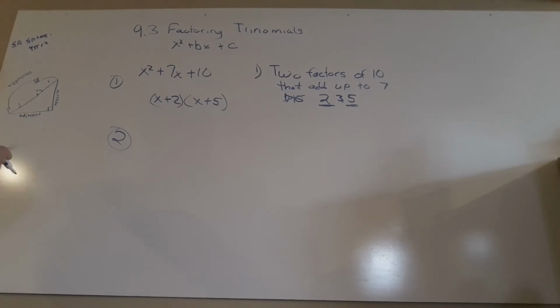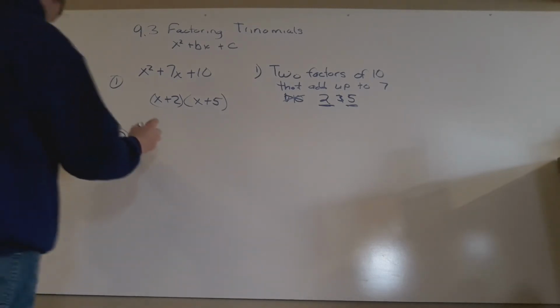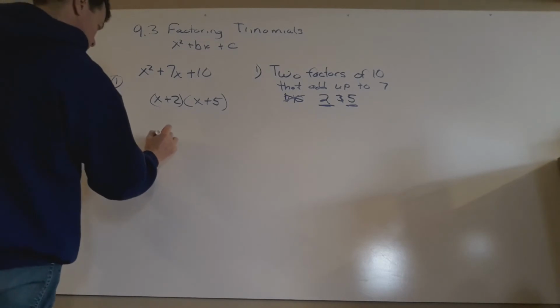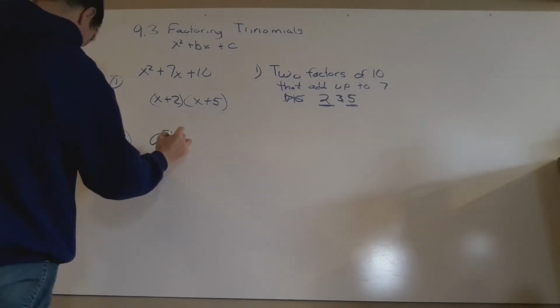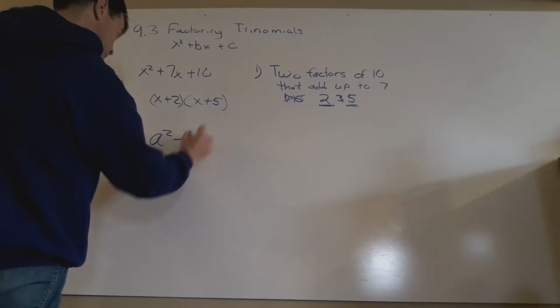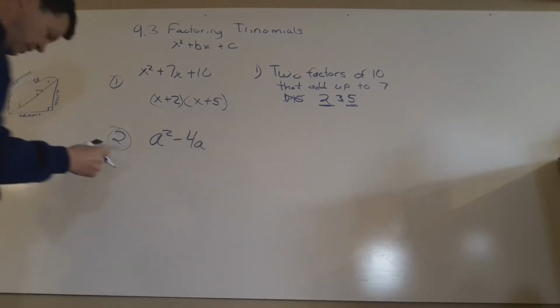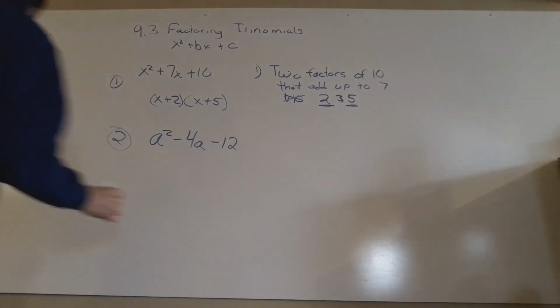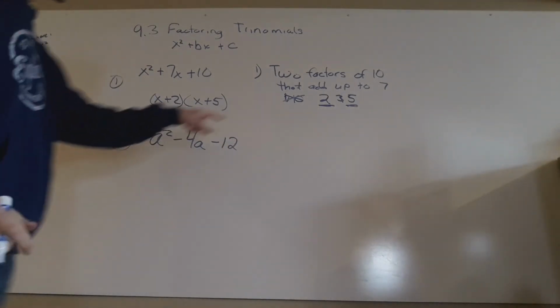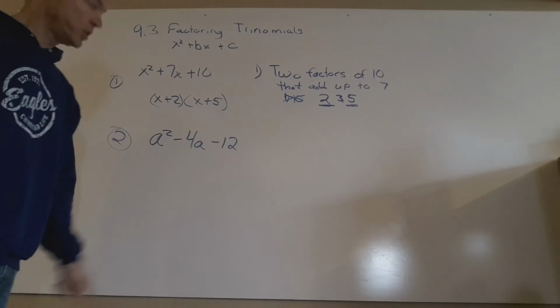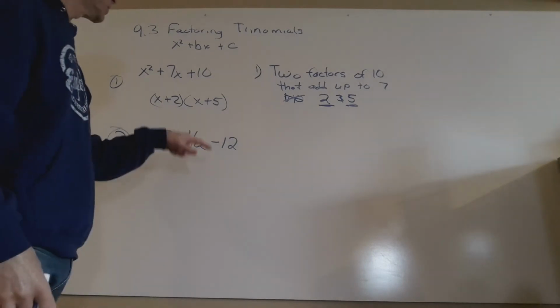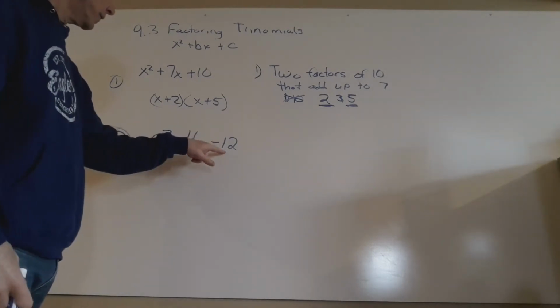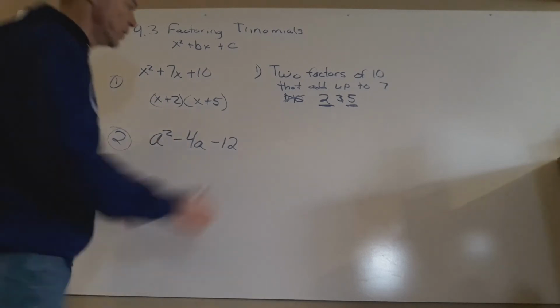I need one with subtraction in it, a negative in here. Let's do this. a squared minus 4a minus 12. Ask ourselves these questions: two factors of negative 12 that add up to negative 4.